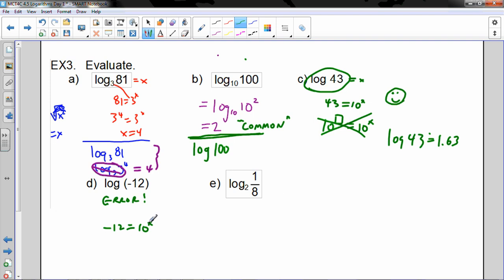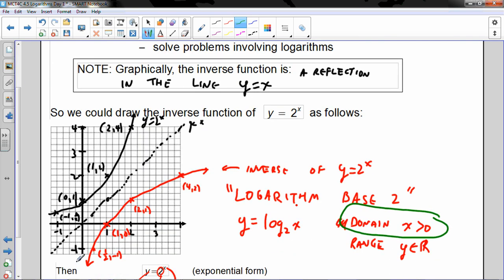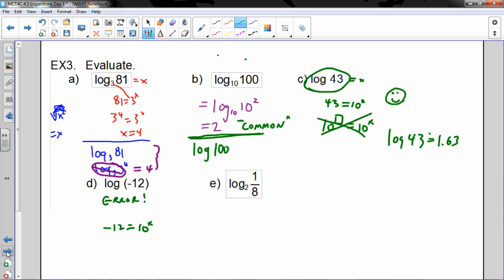Never ever am I going to get a negative number out of that, and that makes sense with our graphs, because never ever am I going to get an answer for an exponent question that's minus 12. Okay, so I can't take the log of a negative. That's a good thing to remember.